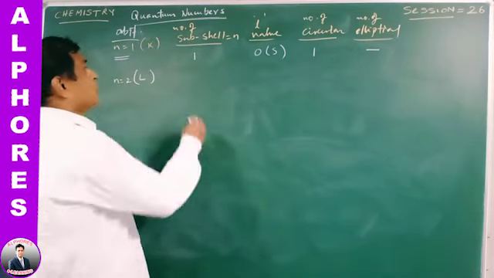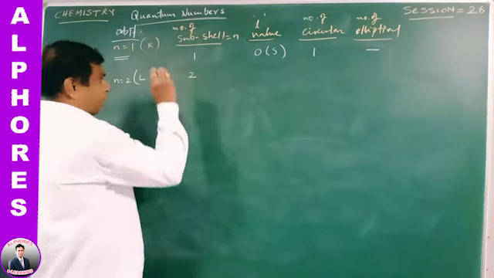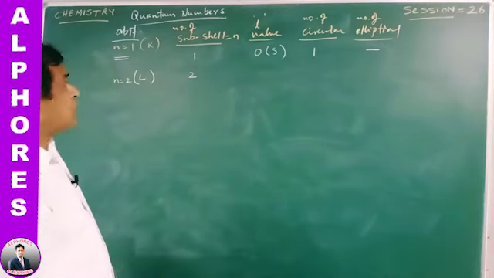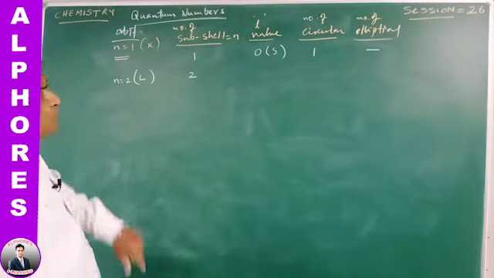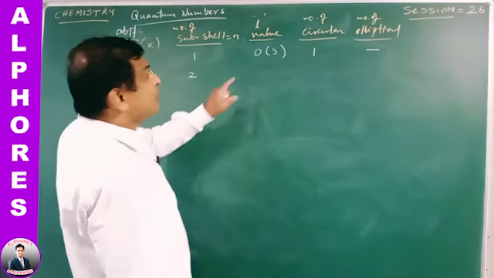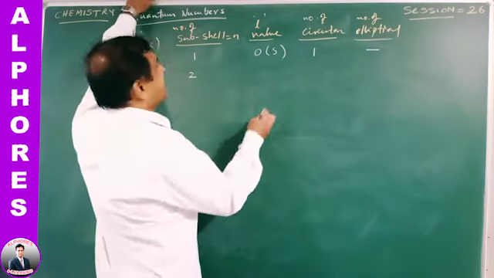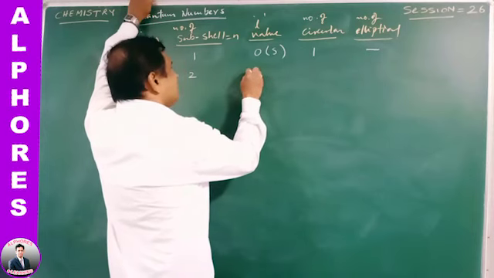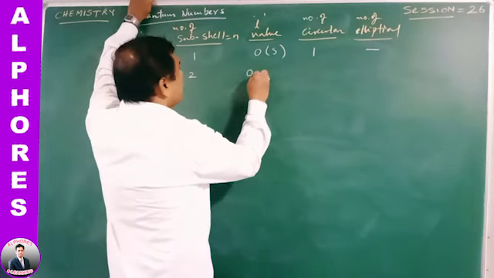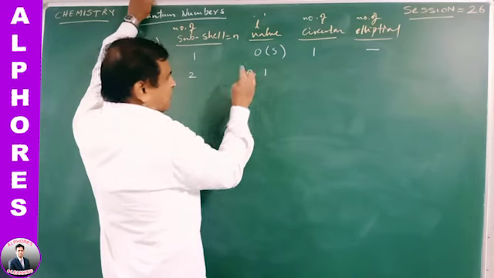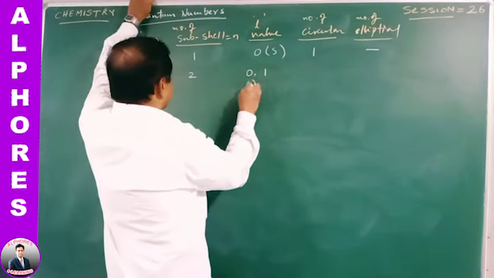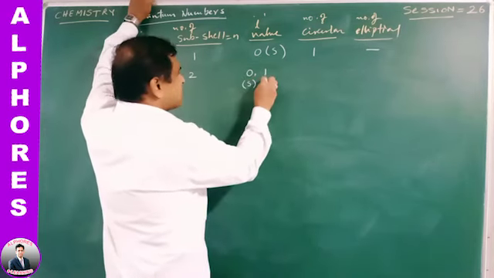That means 2 subshells exist in the second orbit. What are the possible L values for them? The possible L values are 0 and 1. 0 represents the S subshell and 1 represents the P subshell.